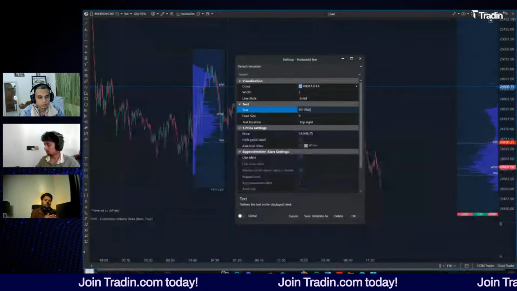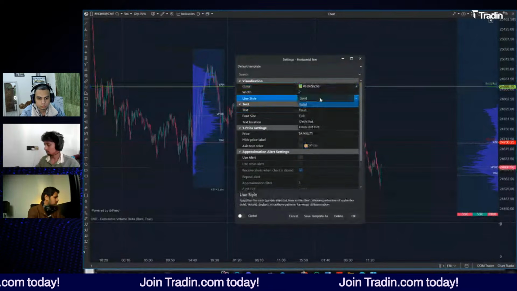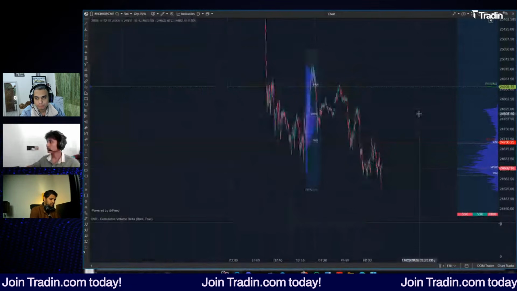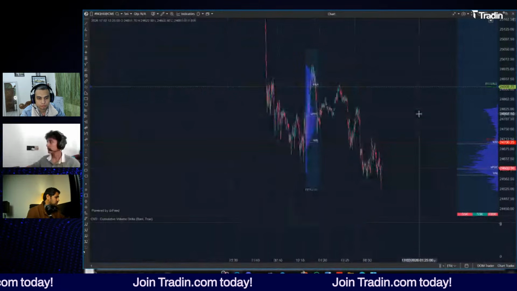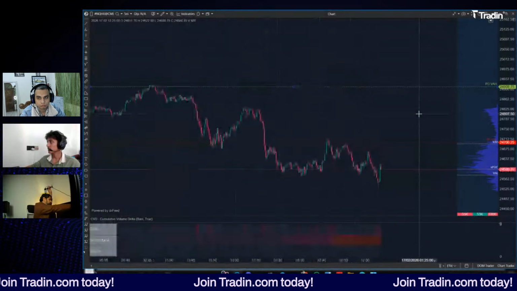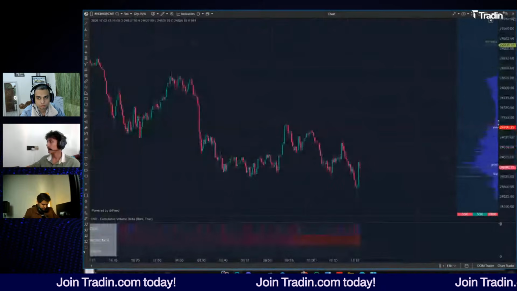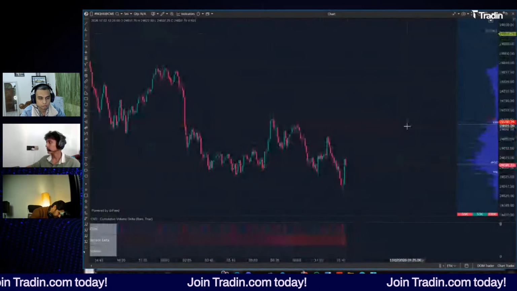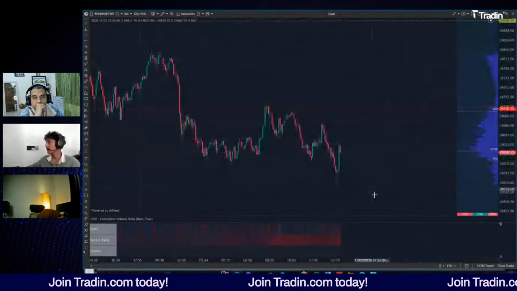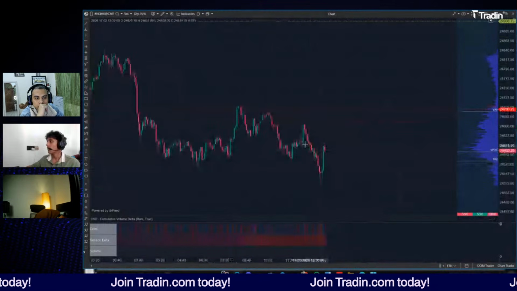So what's your plan on Nasdaq right now? The bias is bearish, and if I can get a short position that fits my rules, I'll be happy to take it. And if not, I'm just going to wait for a retracement. I don't have to wait for it to hit the value area low, because I can just use the delta. But I'm waiting for a retracement to any higher time frame value gap.